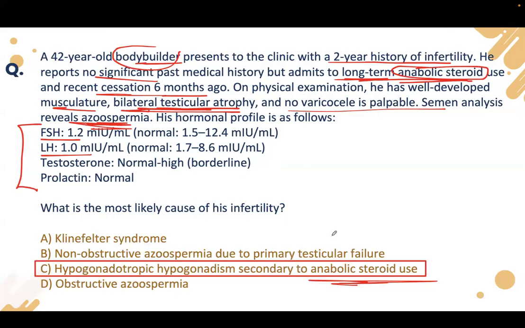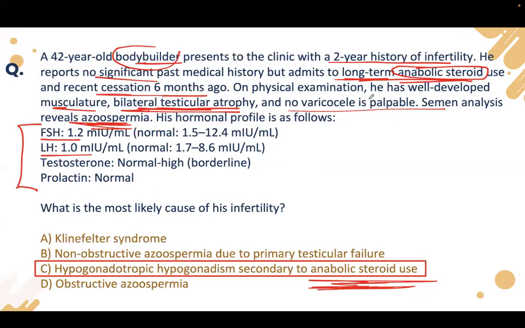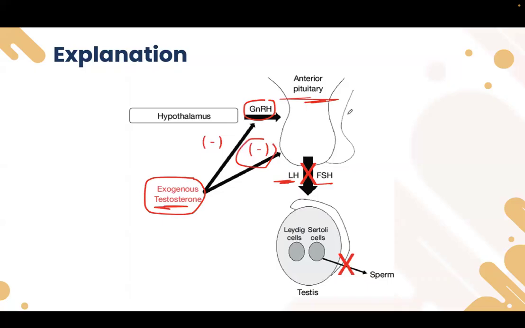So what would be the cause? The cause here is the use of the anabolic steroids. When using exogenous steroids, for example testosterone, it causes negative feedback inhibition on GnRH production from the hypothalamus, and also inhibits the production of LH and FSH from the anterior pituitary gland, resulting in hypogonadotropic hypogonadism.